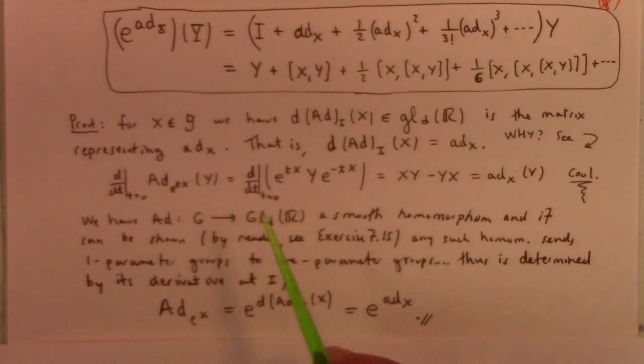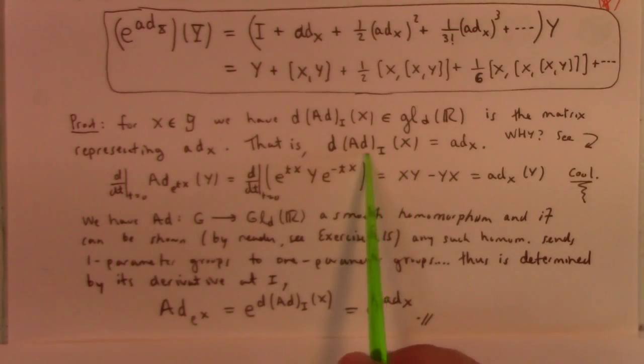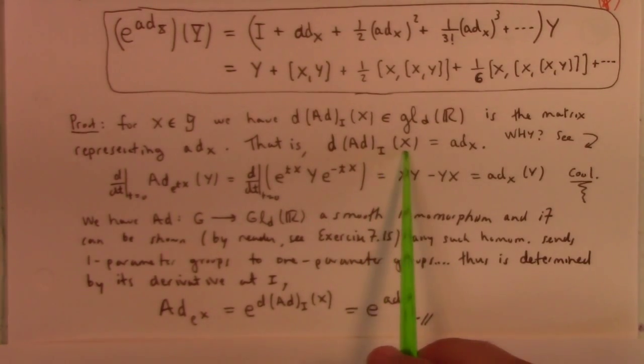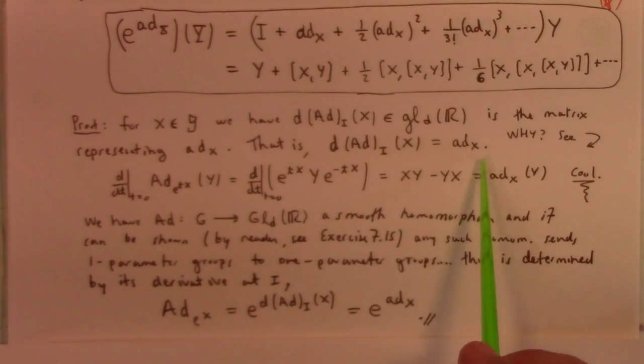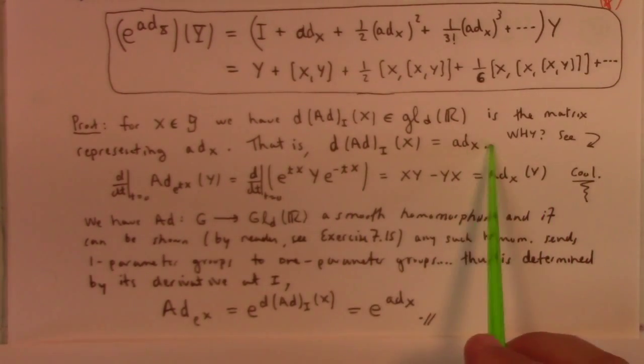This, on the other hand, was the differential of the adjoint at I, applied to x, all of that acting on y. So this shows that this is equal to that acting on y on both sides for arbitrary y. Consequently, this equality is true.